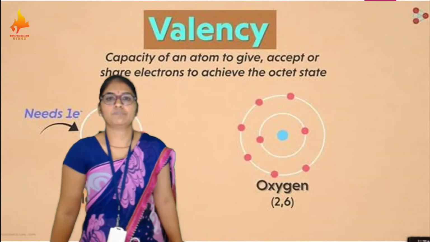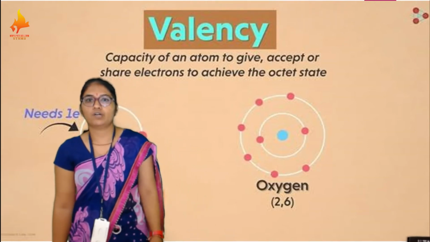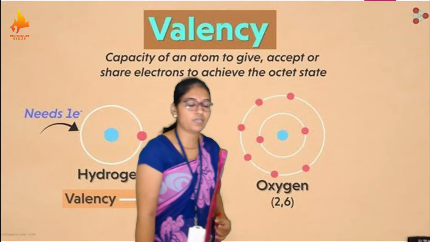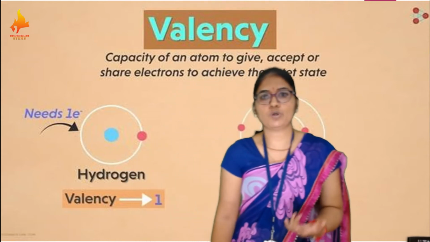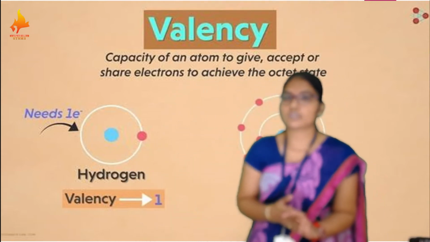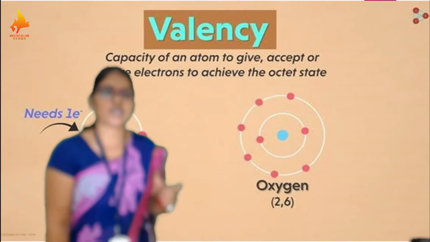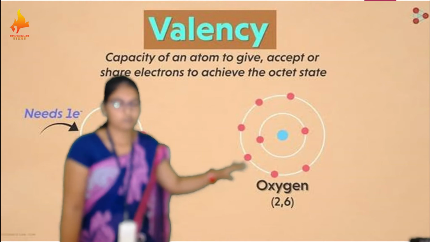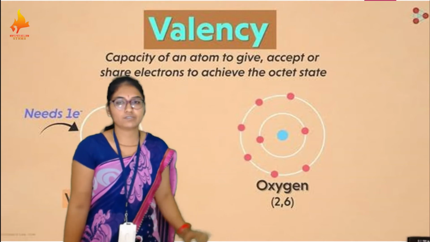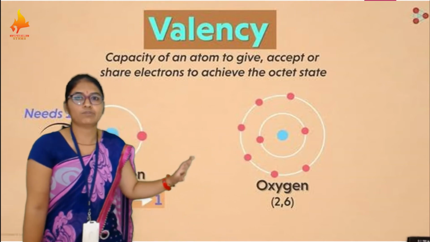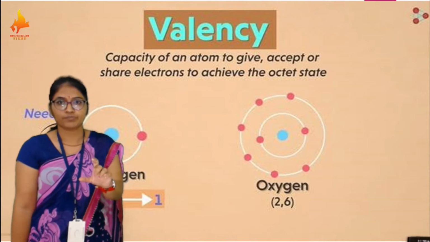Next concept is valency. Valency is what? It is the combining capacity of an atom to give, accept or share electrons to achieve the octet state. Octet state means its outermost shell should have 8 electrons. But this octet state is an exception for helium. We do not use this word for helium, only duplet.